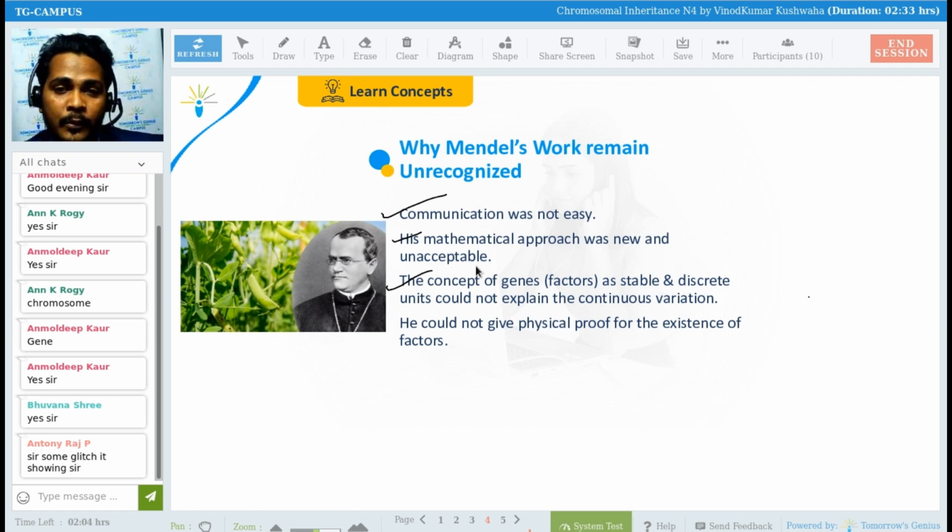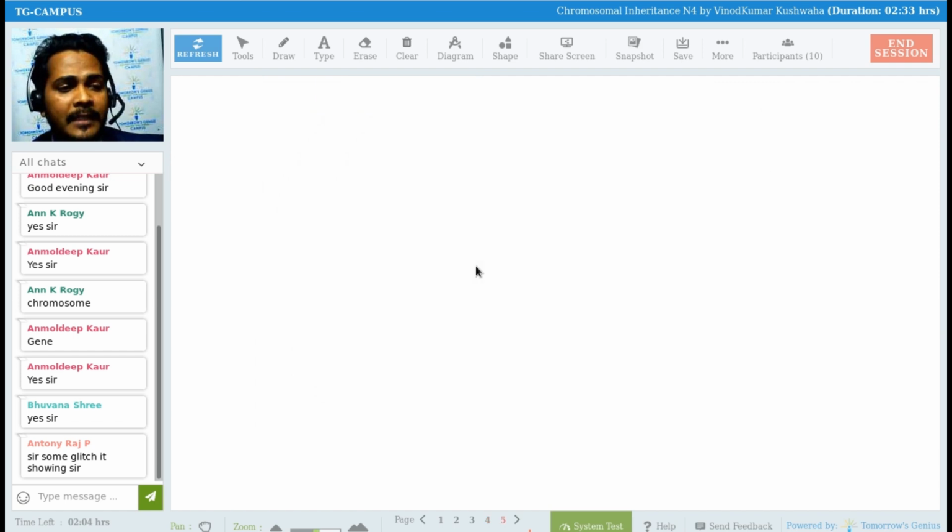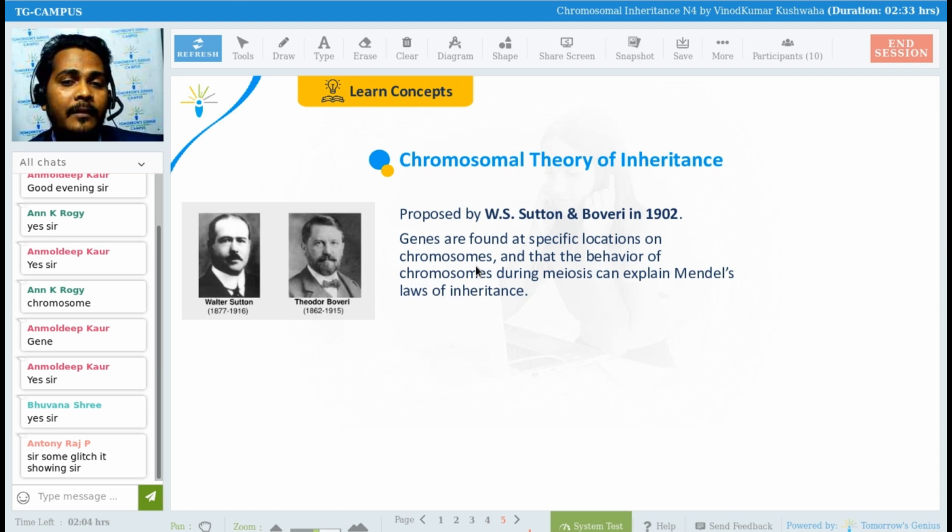This was Mendel's idea, which was unproven, and that's why various scientists worked on this theory. The first credit goes to these two men, Walter Sutton and Theodore Boveri, in the year 1902.